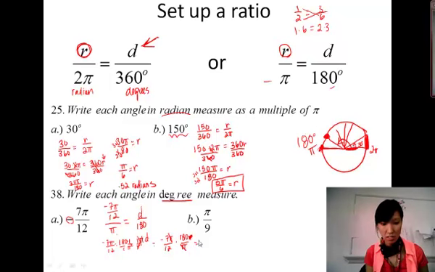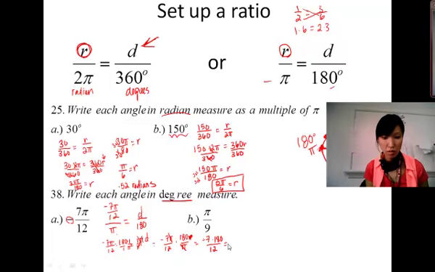So what we get is d is equal to negative 7 times 180 over 12, and when all of that is said and done, we get negative 105 equals d. So there's that.